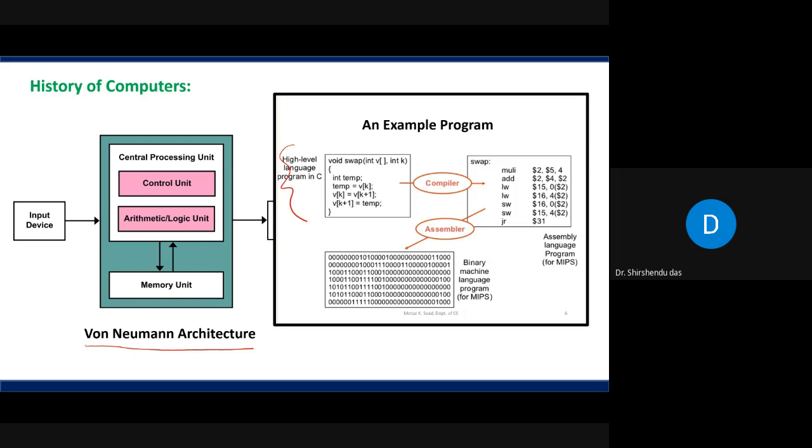But when you are writing a program, what are you actually writing? You are writing a sequence of commands. You are giving a sequence of commands to the computer, and the computer will behave exactly as you instruct. I think you can relate this to the JCB example I gave. It's a similar thing here: you have to give a sequence of commands. If you are not giving any command, your computer cannot do anything. That's why I'm saying it has no brain.